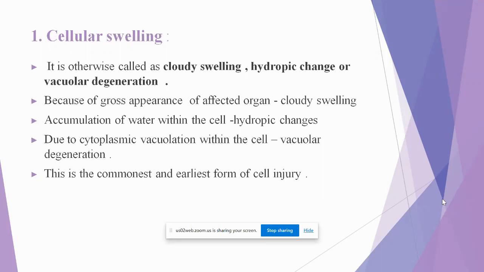Accumulation of water within the cell is hydropic change. Also, due to cytoplasmic vacuolation within the cell, it is vacuolar degeneration. This is the commonest and the earliest form of cell injury.